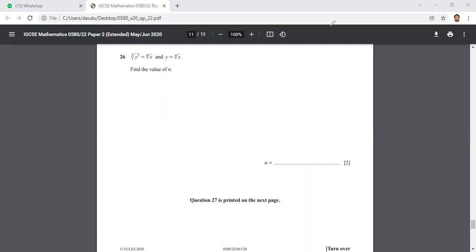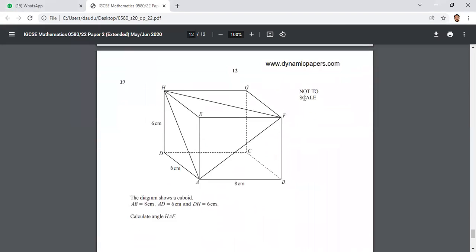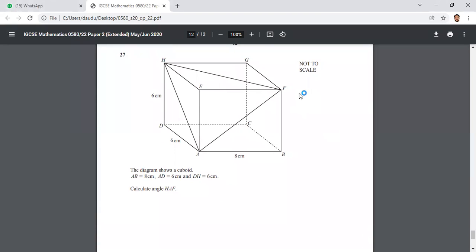Next, and the last, we have a question from trigonometry, and we can see that it's a cuboid. In a cuboid, there are different lengths we have to find by using Pythagoras theorem or trigonometric ratios or sine and cosine laws. So the diagram shows a cuboid.